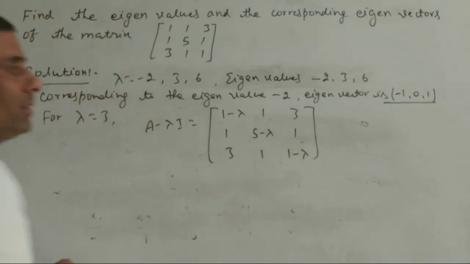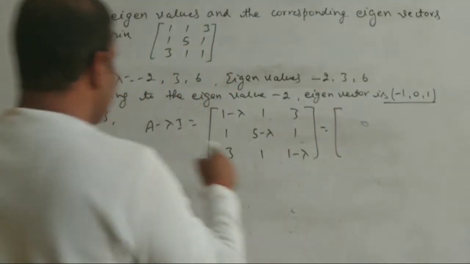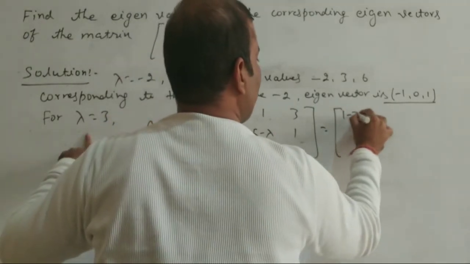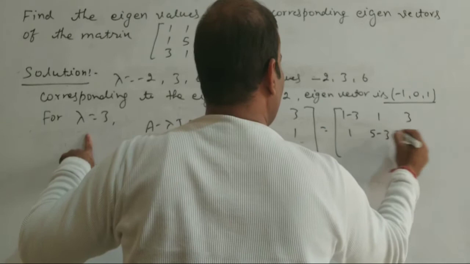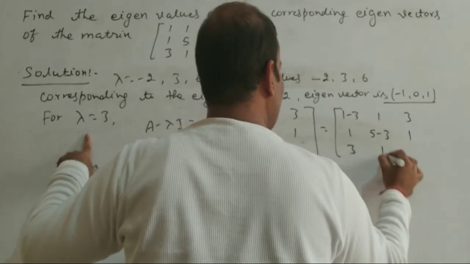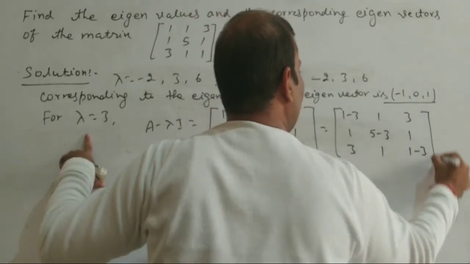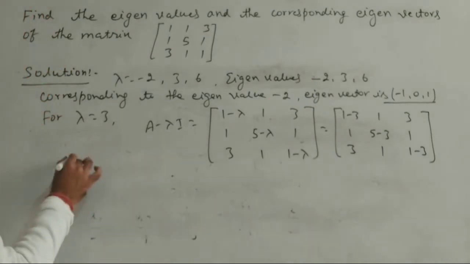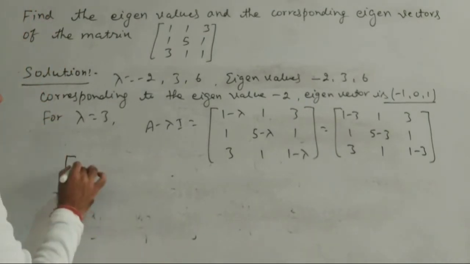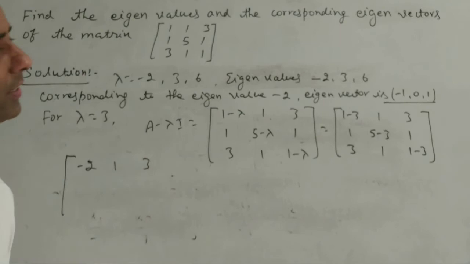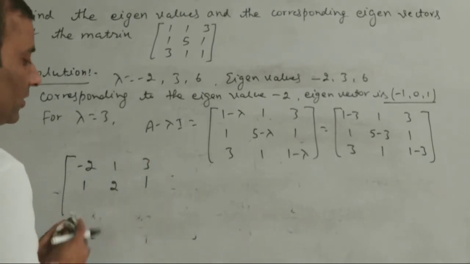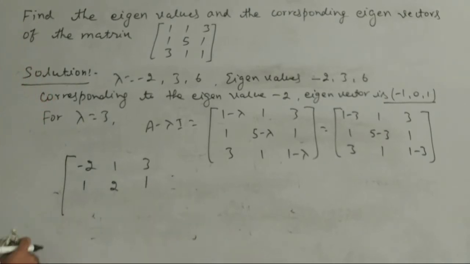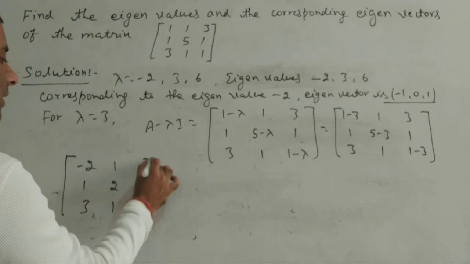It becomes 1 minus 3, 1, 3; 1, 5 minus 3, 1; 3, 1, 1 minus 3. So it becomes minus 2, 1, 3; 1, 2, 1; 3, 1, minus 2.